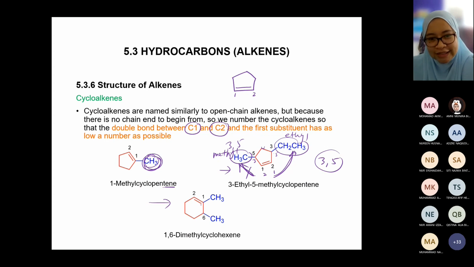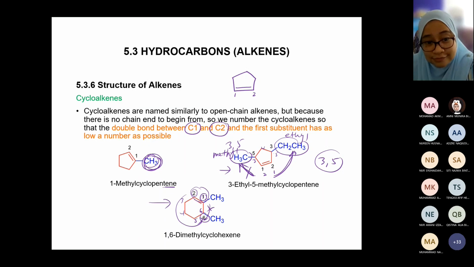See this? Like I said, this double bond should be assigned carbon number 1 and number 2. You prioritize that first. And if one of the carbons that has the double bond is attached to a substituent, it will automatically become number 1. If this is number 1, this must be number 2. It doesn't start from here like this, no. It will go around: 1, 2, 3, 4, 5, 6. Like that. Never mind that the numbers get big here. The condition is that it must be 1, 2, and the carbon holding the substituent will be assigned as 1, the one with the double bond.